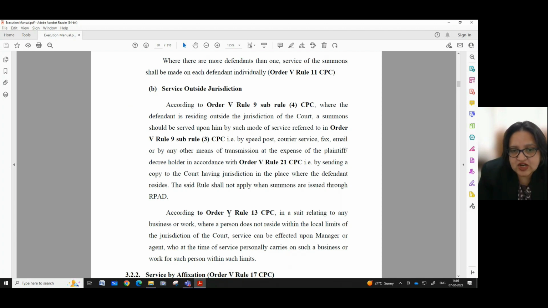The said rule shall not apply when summons are issued through RPAD.